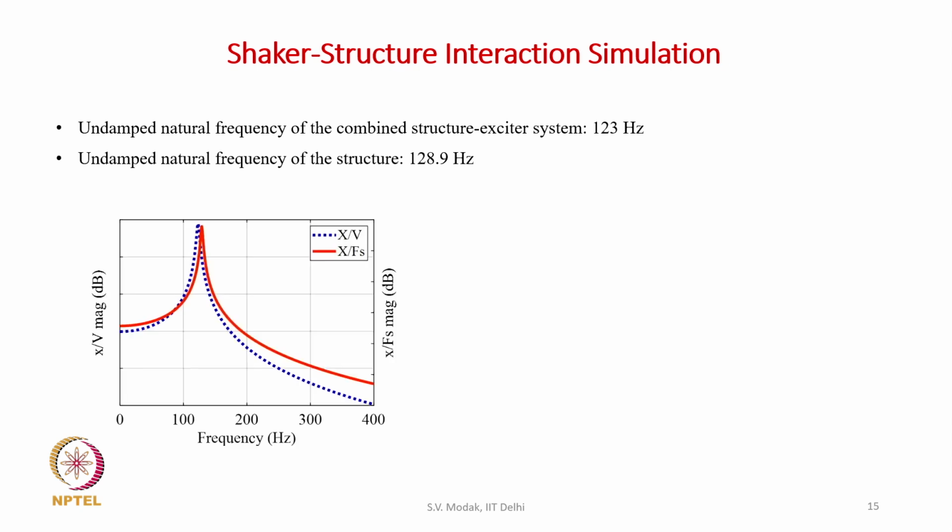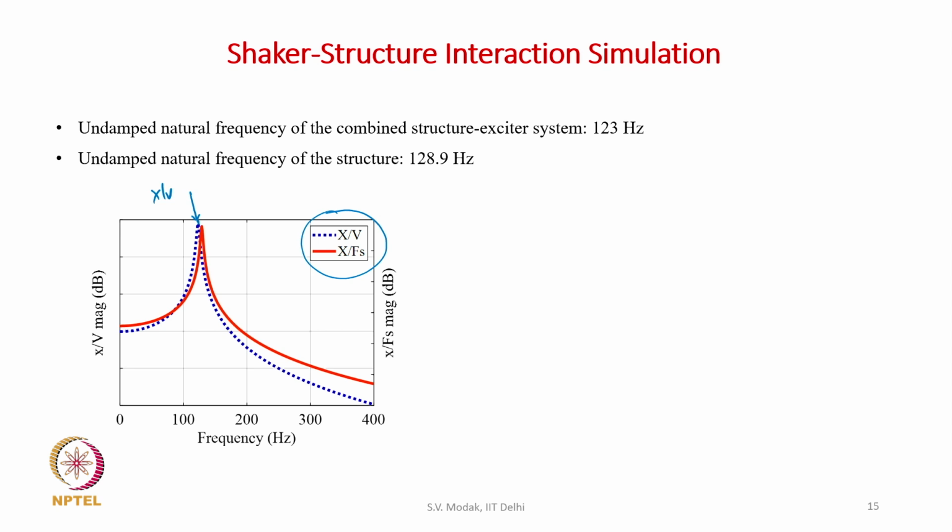Now, if we determine the FRFs x upon V and x upon Fs, you can see they are shown here, overlaid in this figure. The peak in the FRF x upon V is at 123 Hertz.